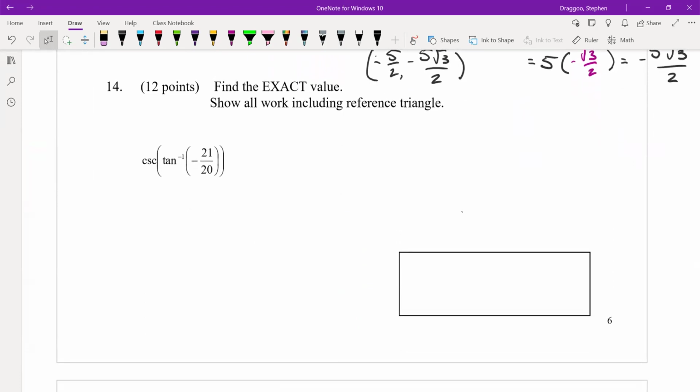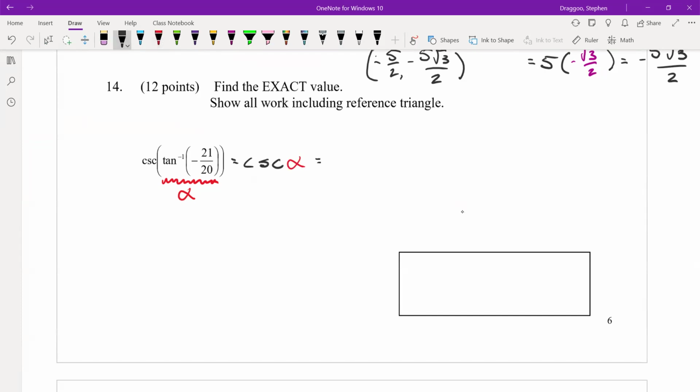We're going to solve for the cosecant of the tangent inverse of negative 21 over 20. Here it is helpful to remember, anytime we take the inverse trig function of a number, our result is going to be an angle. So we are really after the cosecant of some angle, which I'm going to call alpha.